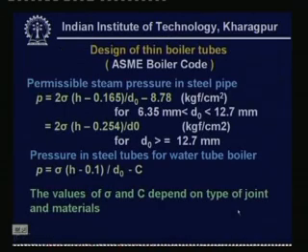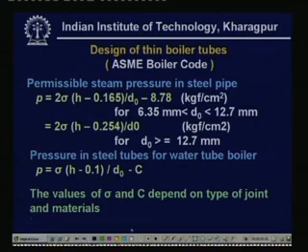Now, design of thin boiler tubes. These pressure vessels, that is boilers, contain tubes, and those tubes are to be designed according to some formula. We consult some design code, and the most popular code is the ASME Boiler and Pressure Vessel Code.